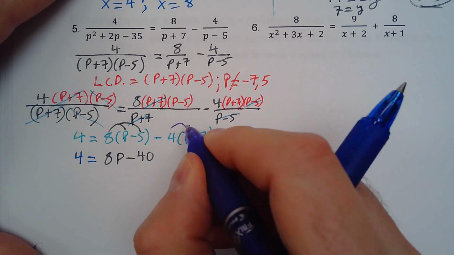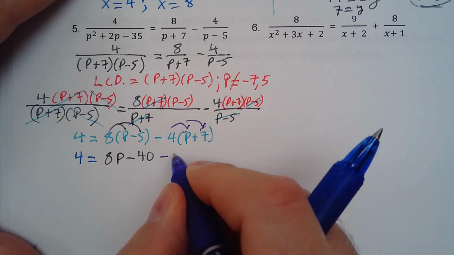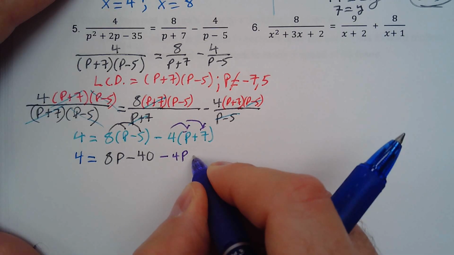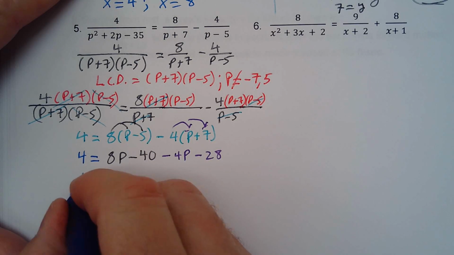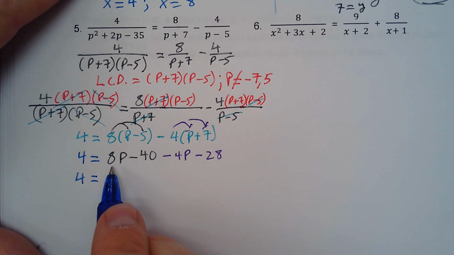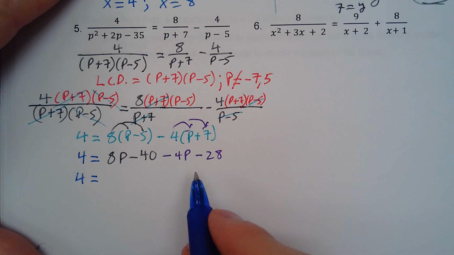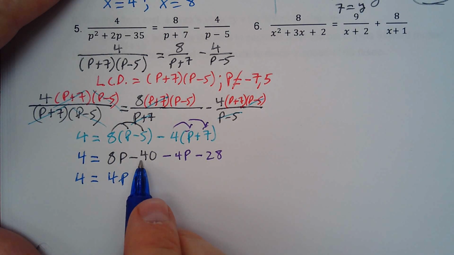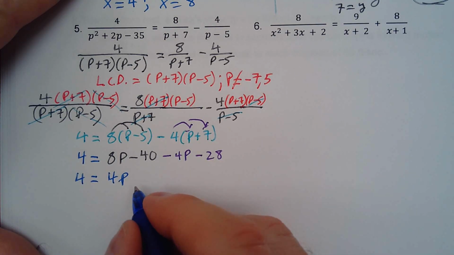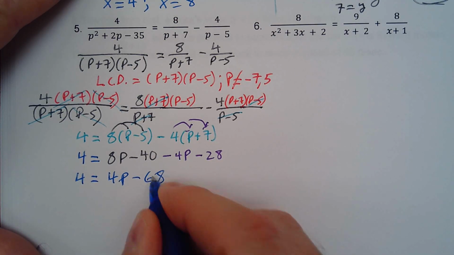Make sure you include the negative when you distribute it. So that'd be negative 4p minus 28. Combining like terms, we get 8p minus 4p is 4p. Negative 40 and negative 28 is negative 68.